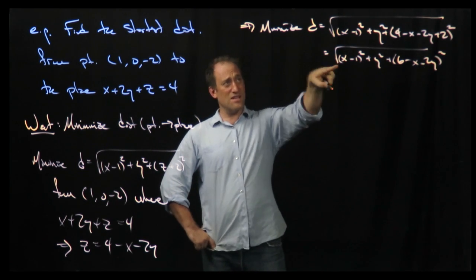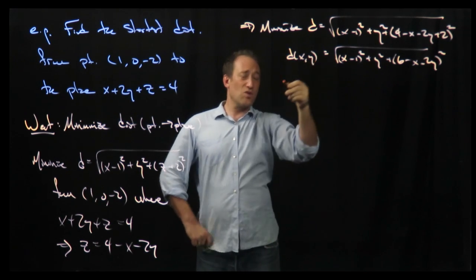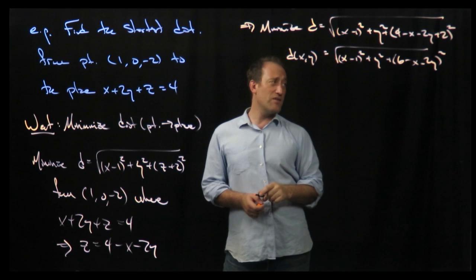That means this is the function I'm interested in minimizing. It's quite clearly a function, little d of x and y.